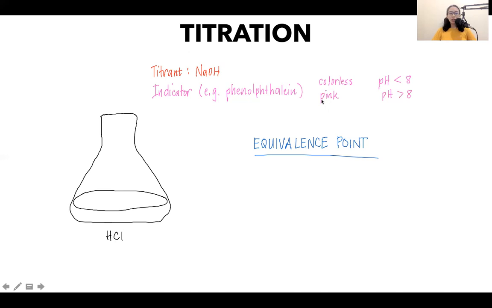So now, let's relate this concept of an indicator to how it signals us to the equivalence point. Let's go back to our story a while ago. We have 10 hydrogen ions in our analyte.